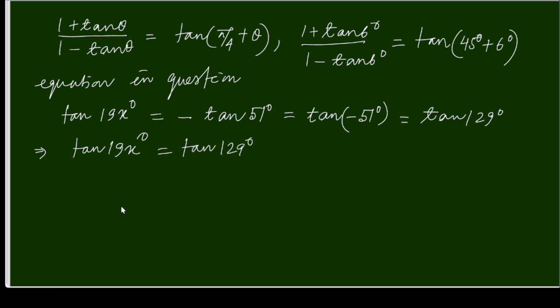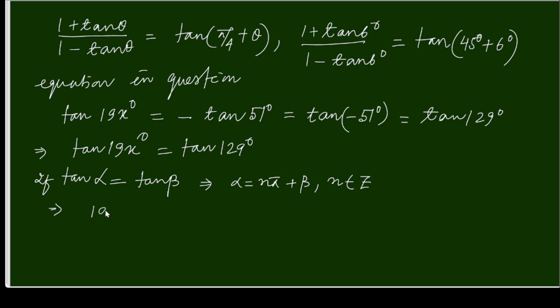Again, the solution for the trigonometric equation in tan: if tan alpha equals tan beta, then alpha equals n pi plus beta, where n is an integer. Applying this, I can write 19x equals n pi plus 129.